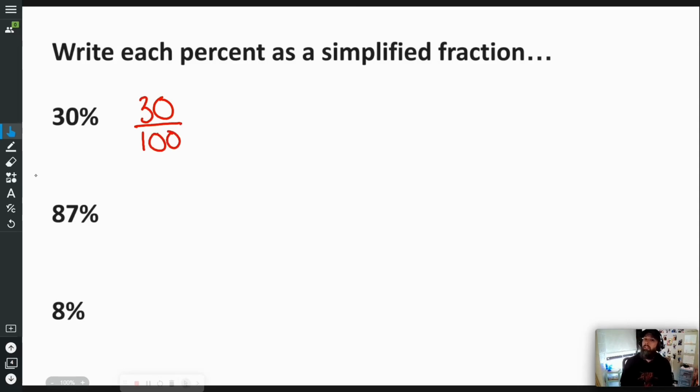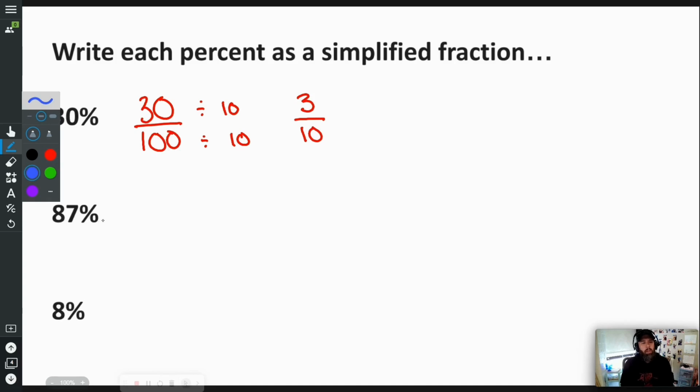Oh, but it's not simplified yet. What I notice is both of these numbers are divisible by 10. So let's divide the numerator and the denominator both by 10. 30 divided by 10 is 3. 100 divided by 10 is 10. And now we have 3 over 10. That is what 30% is as a simplified fraction.